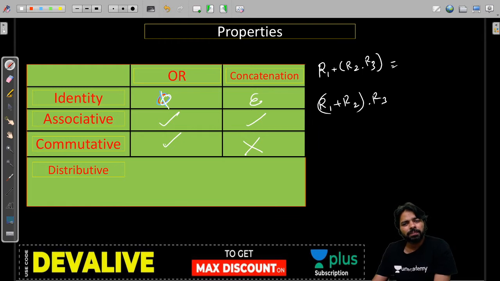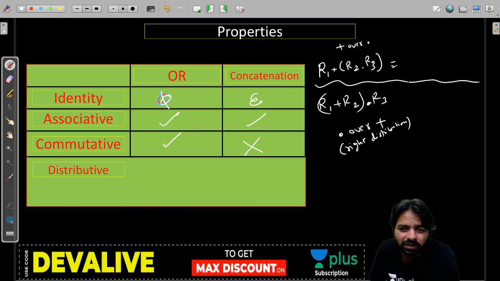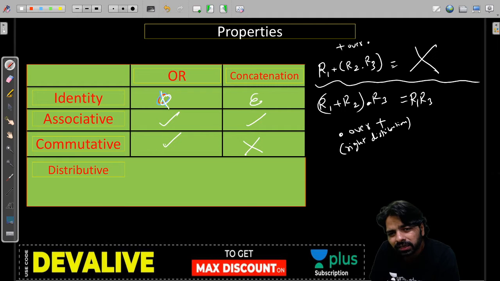This is called as plus over dot. This is different. This is dot over plus. How? Because dot we are applying from right. It's called as basically right distribution. But the first one is trying to distribute left, but that is impossible. You can't distribute. But here you can say R1 R3 plus R2 R3.